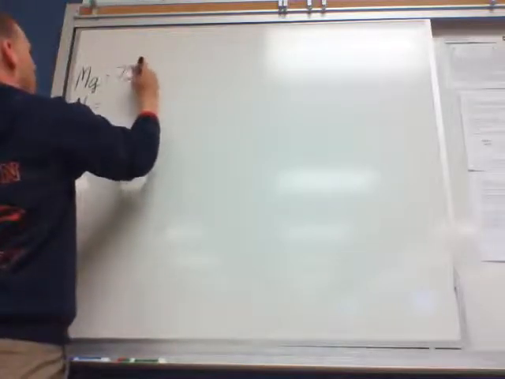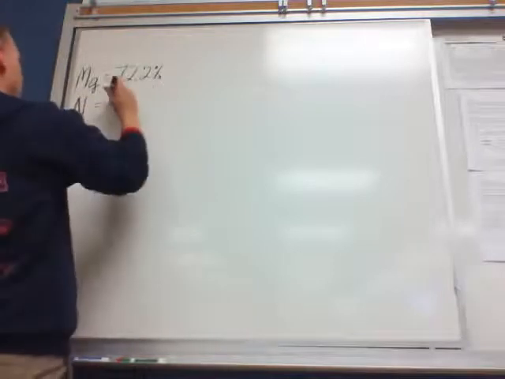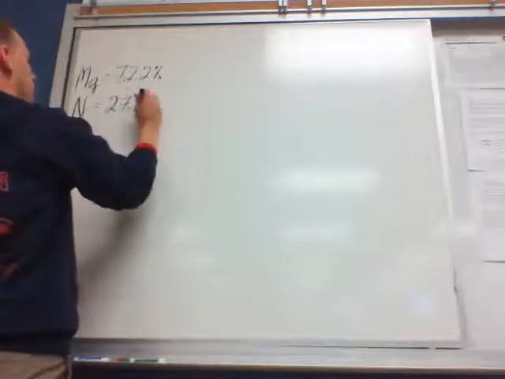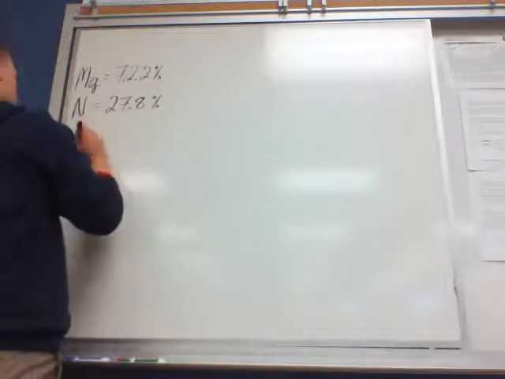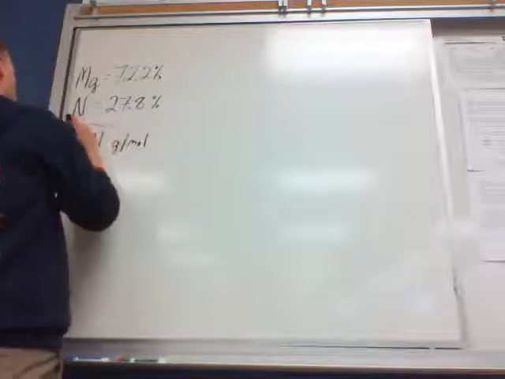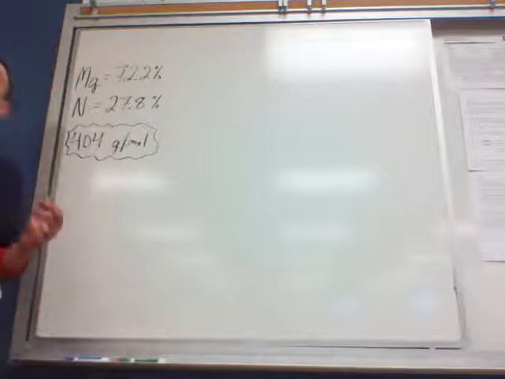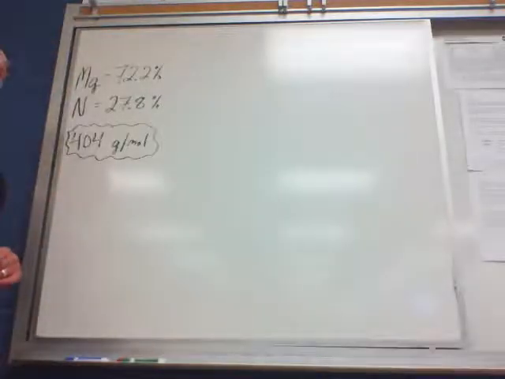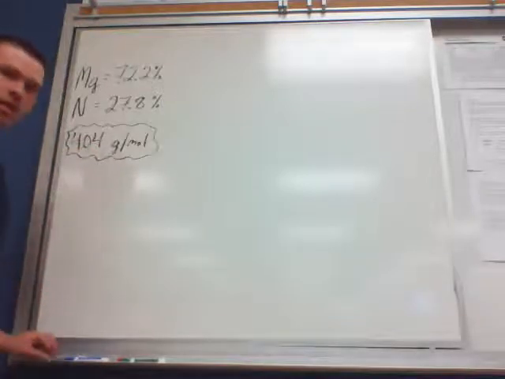The compound is 72.2% magnesium and it's 27.8% nitrogen. I have a little bit of extra information here just in case I'm mean and ask for a molecular formula. Remember, if I ask for an empirical formula, we don't need that molar mass.